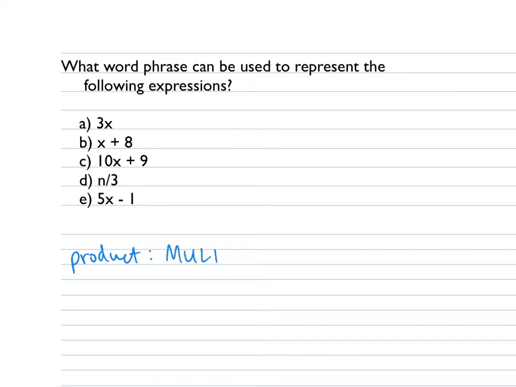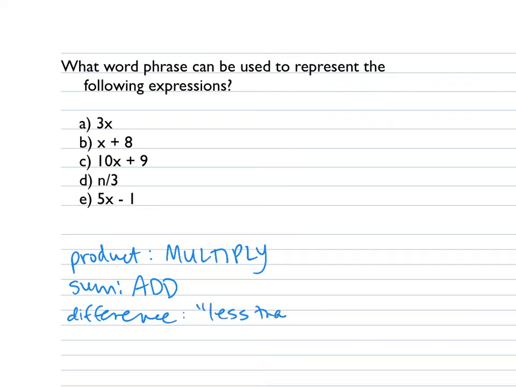Product is multiply. Sum means add. Difference is subtract, and you'll see that show up as like less than or less. That's a subtract. And then quotient is divide.